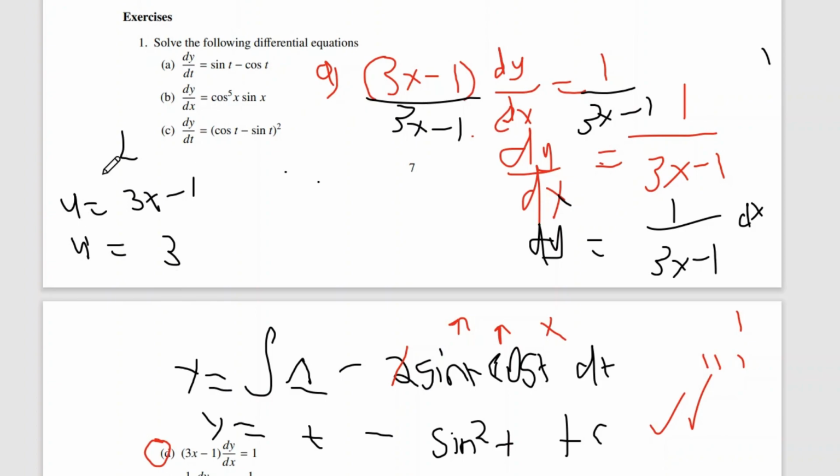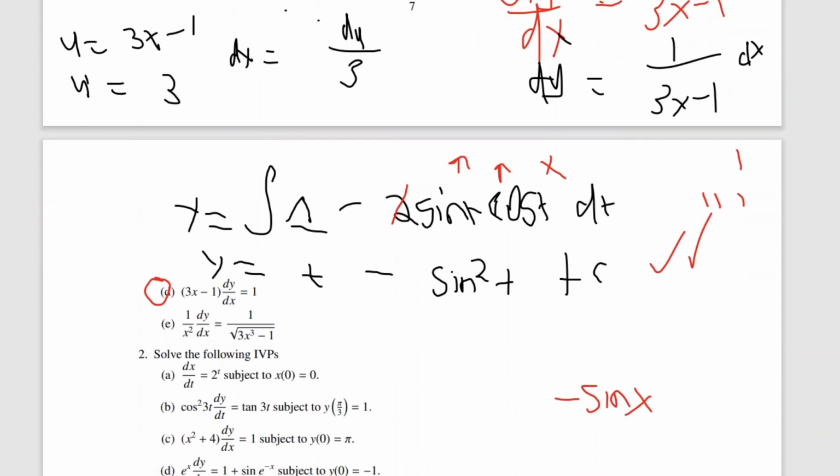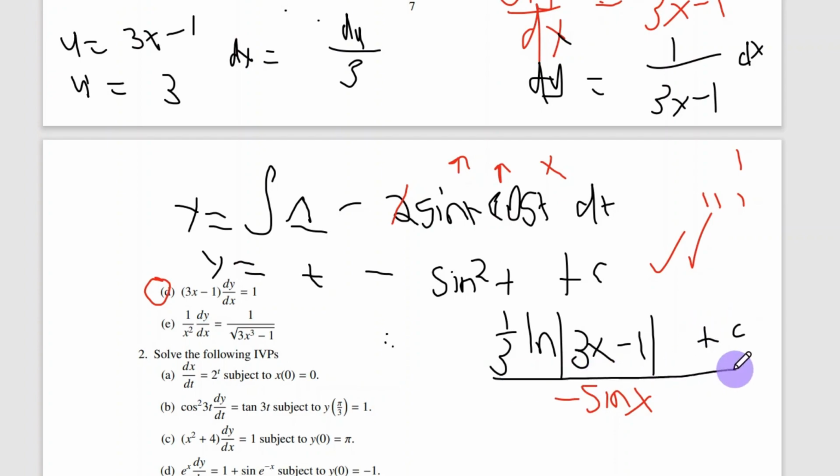Because we know that dx is going to be du divided by 3, our final answer will be 1 over 3 ln of 3x minus 1. Then let's see, this is how it should be.